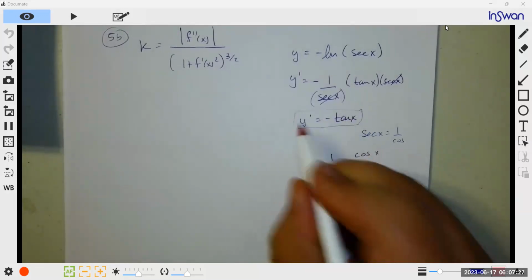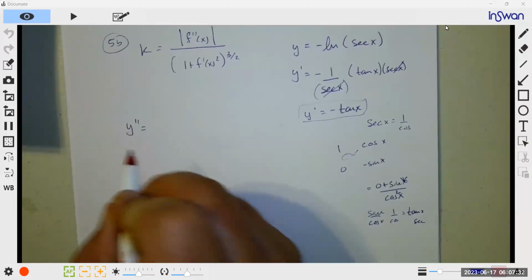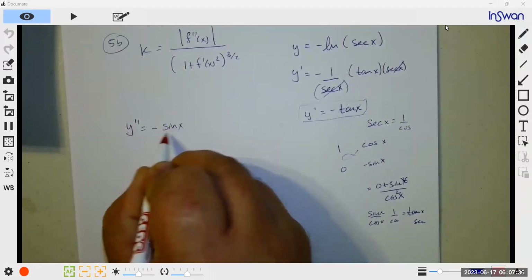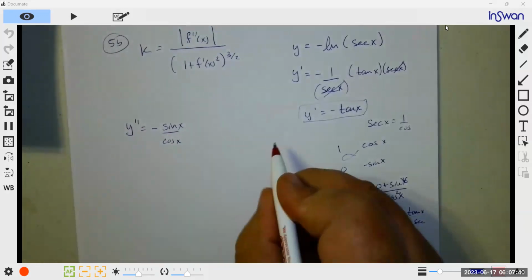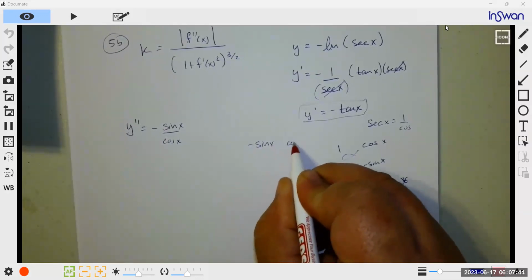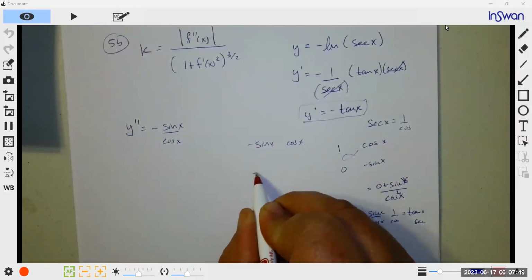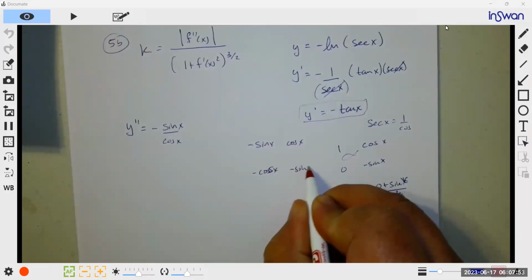Now we've got to find the second derivative. Sine x over cosine x. We have negative sine x, cosine x. The derivatives of those are negative cosine x, negative sine x.